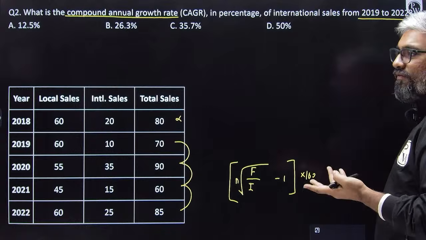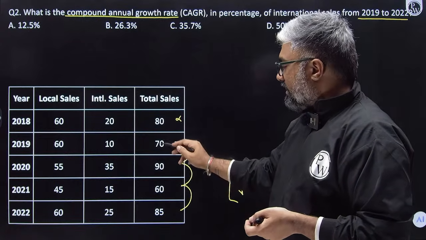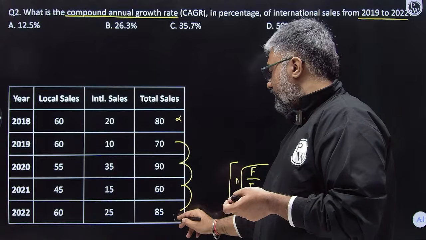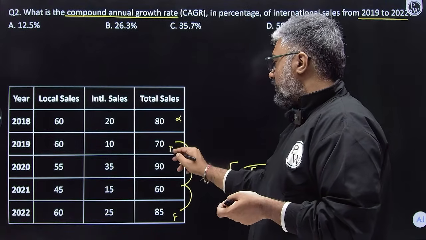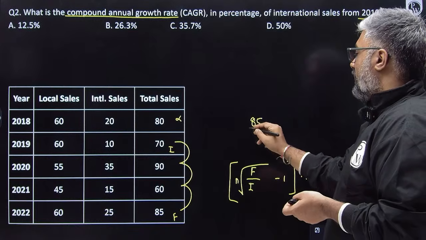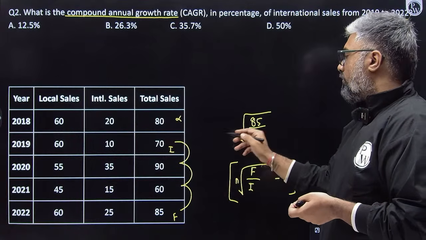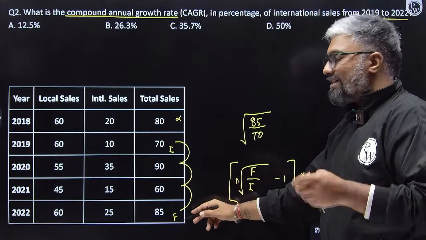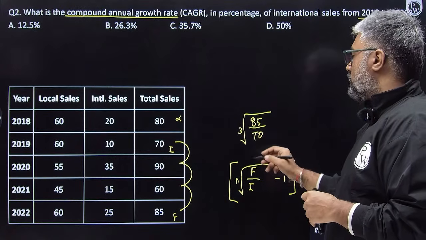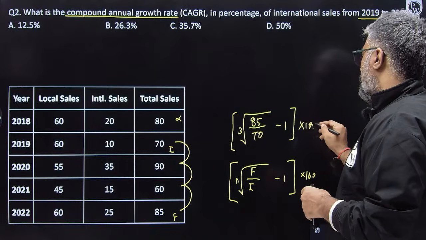Same thing if we apply from 70 to 85: 85 is your final value, 70 is your initial value. If I apply this formula, it becomes 85 by 70, whole root of 1, 2, and 3 changes. So cube root, minus 1, into 100.